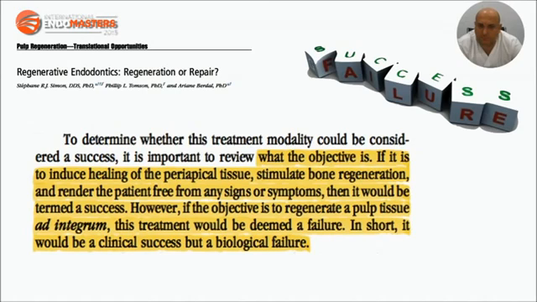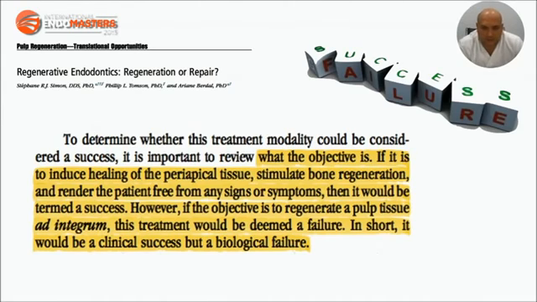If the objective is to induce healing of the periapical tissue, stimulate bone regeneration and render the patient free from any signs or symptoms, then my case would be termed a success. However, if my objective was to regenerate a pulp tissue ad integrum, this treatment would be deemed a failure. So maybe I have a clinical success but a biological failure.